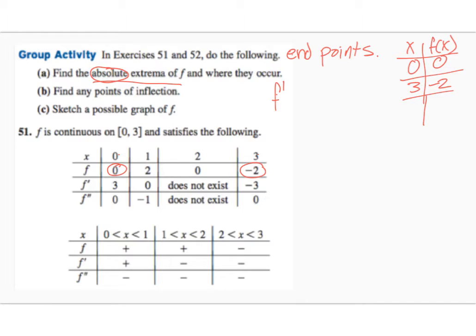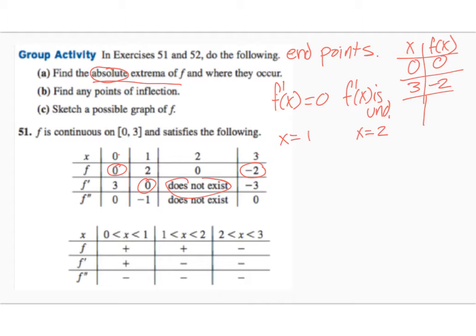So we're looking for places where f prime of x is equal to 0 or f prime of x is undefined. All right, in looking here, we've got two of those places at x equals 1 and at x equals 2. Those are places we have to consider in terms of checking out whether or not these are absolute extrema.